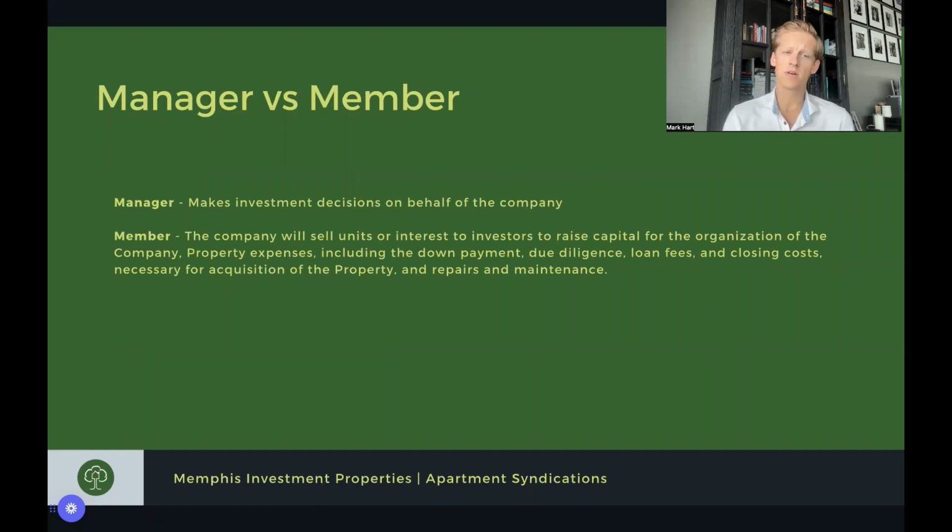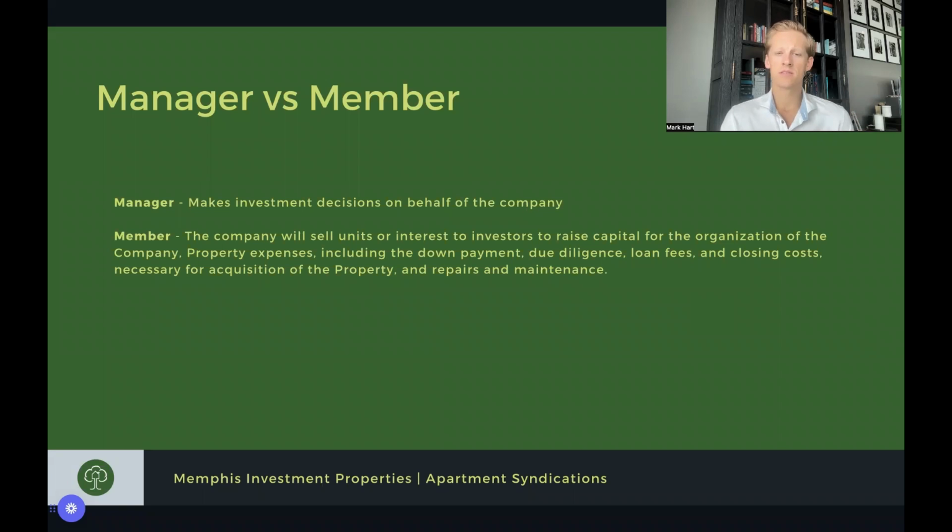Next up is going to be the manager versus the member, right? And pretty simple. The manager is the general partner, right? That is us. We make the investment decisions on behalf of the company, right? We're the ones that are doing essentially all the work to make sure that we can create a profit and a return on investment for everyone involved. Then the member, which is you as the limited partner, well, the company will sell units or interests to investors. So you're actually going to buy these units or interests at a set price.